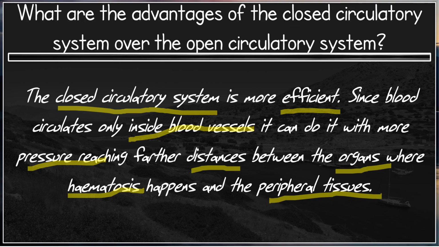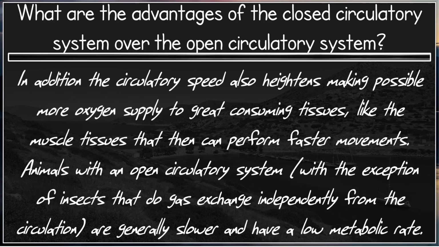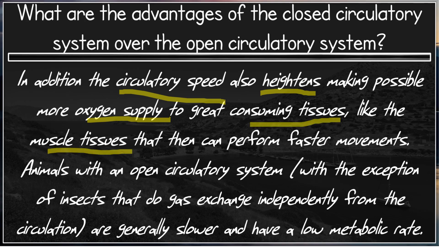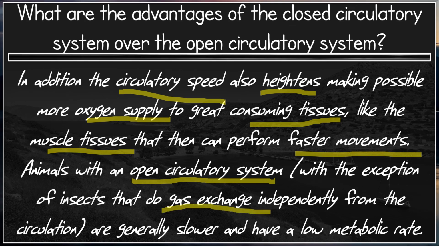In addition, the circulatory speed is heightened, making possible the oxygen supply to high-consuming tissues like muscle tissues that can then perform faster movements. Animals with an open circulatory system, with the exception of insects that do gas exchange independently from circulation, are slower and have low metabolic rates.